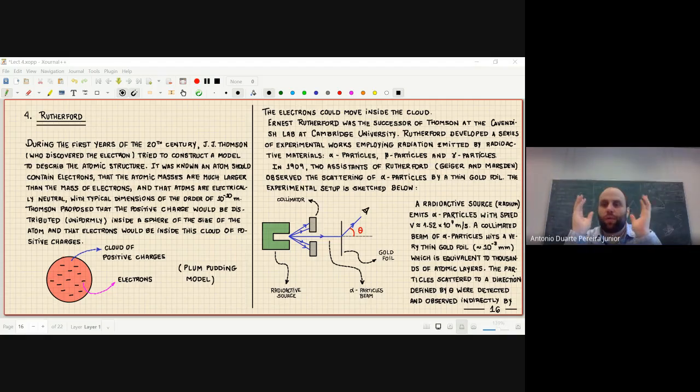If you pick up a bowling ball, something very heavy, and you throw it against a balloon, well, the bowling ball will simply pass through it. It will not suffer any large deviation in its trajectory because the balloon is very light.